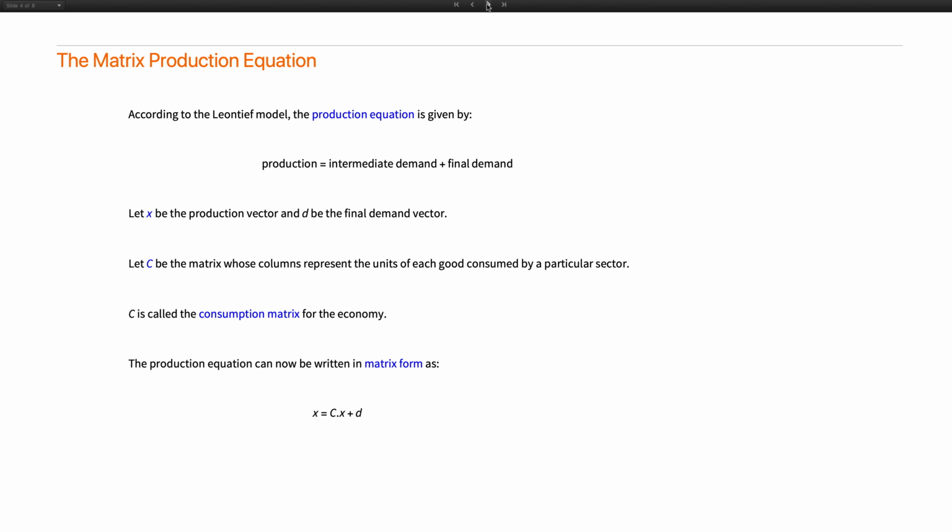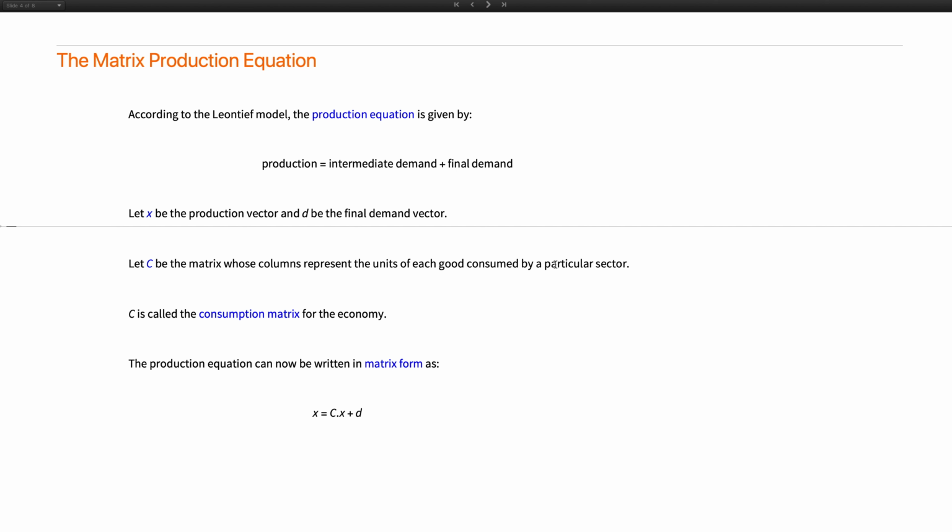Okay, so now let's try and rewrite this in matrices. Recall from the previous slide that the production equation is production equals intermediate demand plus final demand. Let X be the production vector for the sectors and D be the final demand vector from the open sector. Let C be the matrix whose columns represent the units of goods consumed by a particular sector.